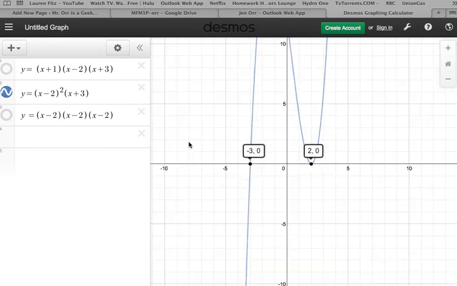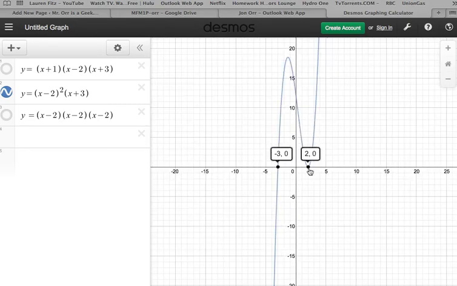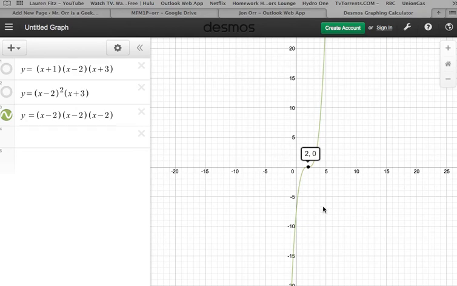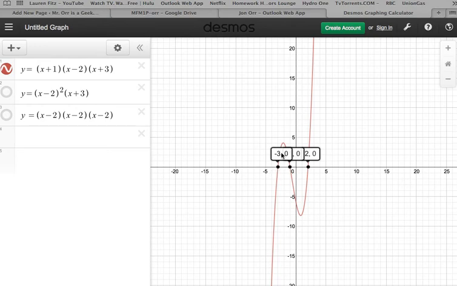So have a look at the graphs. We're looking at the blue one, which was the middle one. Remember, that was a 0 of order 2. Look at the order 2: it comes down, touches, and goes back up. This was order 1. It just passed right through. Let's look at the one that was order 3. It's the one that came and scooted across. Look at the first one. These are all order 1 zeros, and they all just pass through.